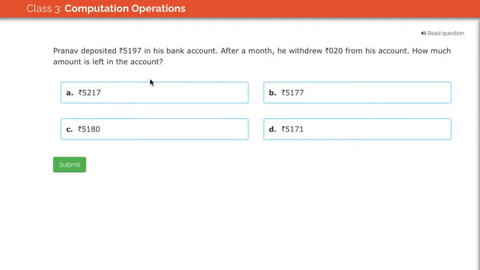So it will be 5,197 minus 20. 7 at the first row, 7 in the second row, 1 at the third row, 5 at the fourth row. So 5,177 is left.